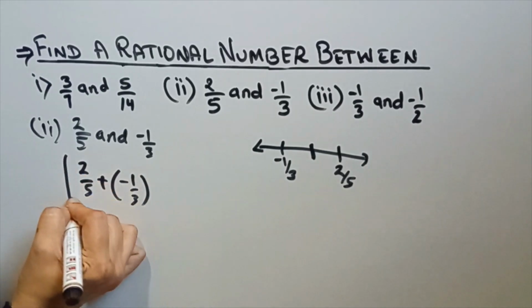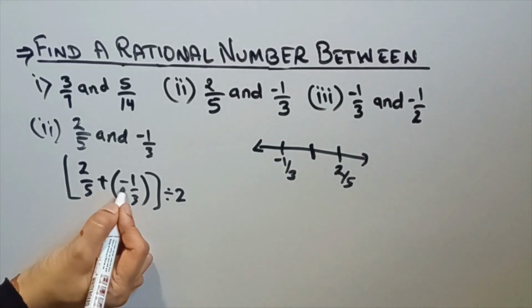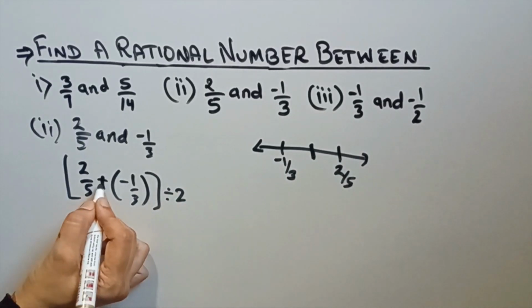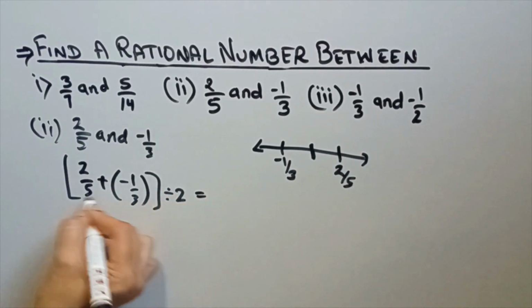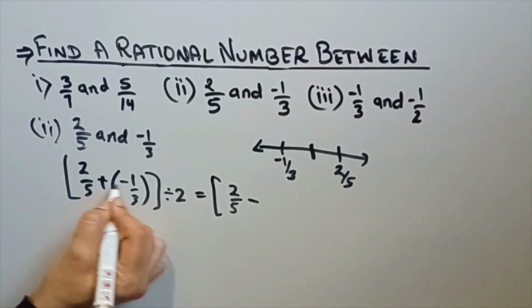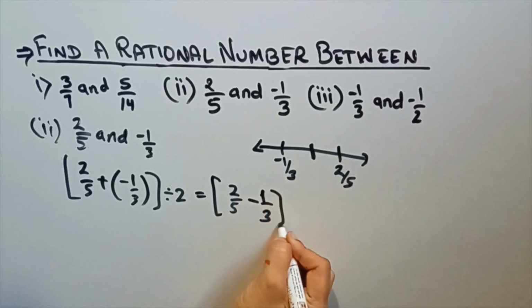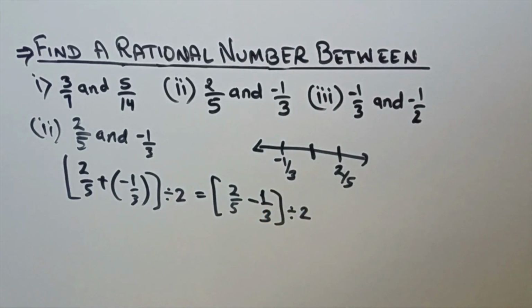Now this divided by 2. Plus times minus is minus, so it becomes 2 by 5 minus 1 by 3, divided by 2. As both are prime numbers, we will multiply the denominators: 5 threes are 15.